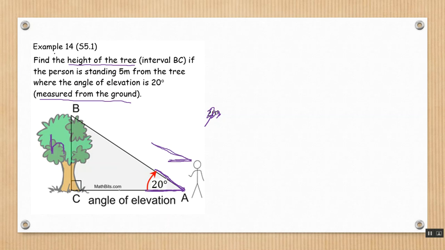We know this is 5, so this distance here is 5. So we know the angle opposite the height is 20, so this is our opposite side. And we know the side adjacent to the angle is 5, so we know opposite and adjacent, so we can use the tan ratio.